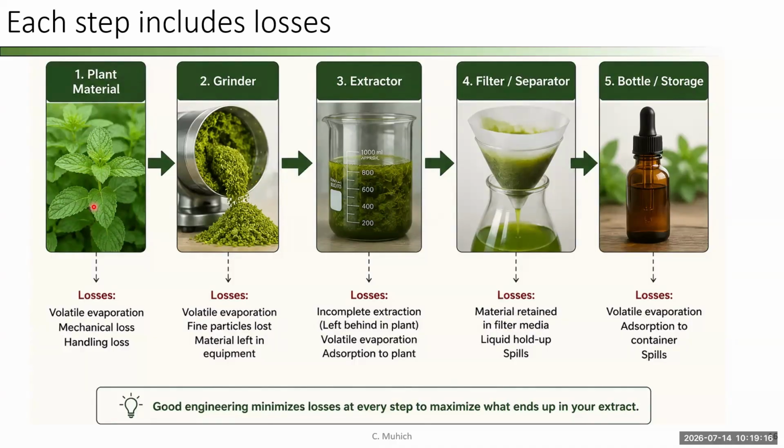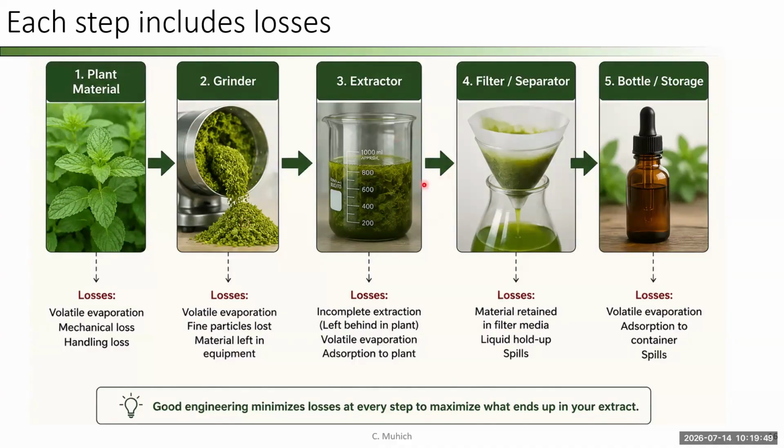As I'm moving that mint, it's volatilizing some of those trichomes just through evaporation. If I then grind the mint, I'm probably not getting every single little fleck of this mint that comes out of the grinder into my extractive process.